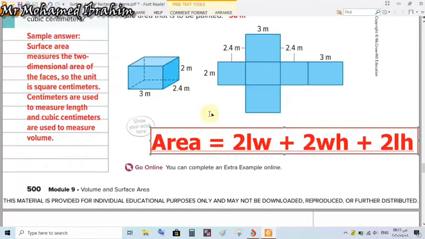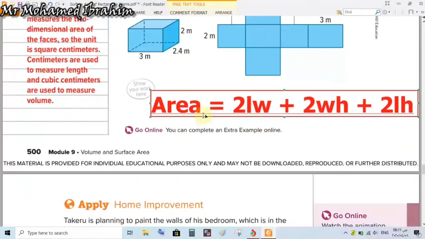Add them, multiply them by 2, so the total area equals 36 square meters. Squared meter. Area must be equal 36.